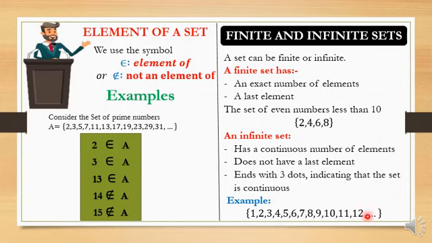So there is no end, or there is no last element when it comes to the set of numbers. It ends with 3 dots. So the set of numbers is an example of an infinite set. Any set that does not have an exact number of elements or does not have an end is infinite.